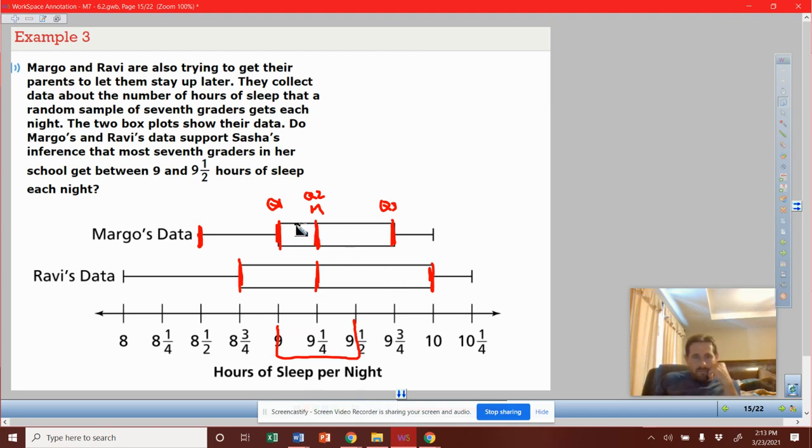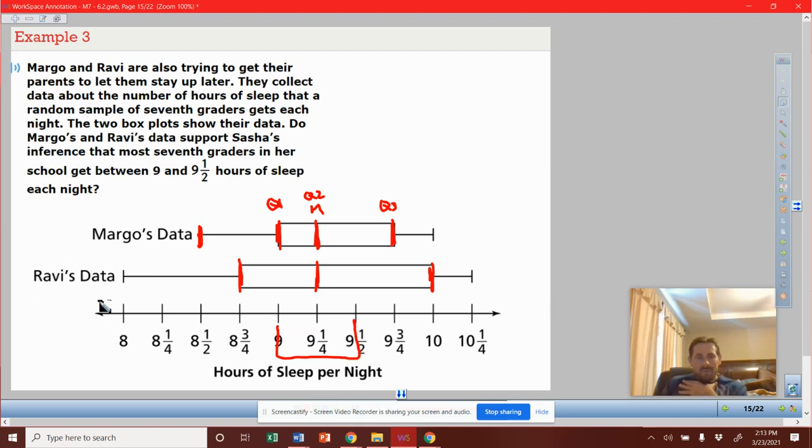So a good chunk, 1/4 of her data falls in between 9 and 9 1/4. So her data really, to me, is indicating that a 9 to a 9.5 would be strongly advised. These boxes are fairly condensed around that area of 9 to 9.5.